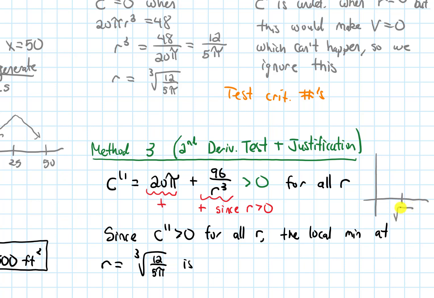So we'll have this cube root of 12 over 5 pi, and because our second derivative is positive, my graph is going to be concave up. And it's going to stay concave up the whole way. So that means at this local min, I know it's a local min by the second derivative test, that has to also be an absolute min.